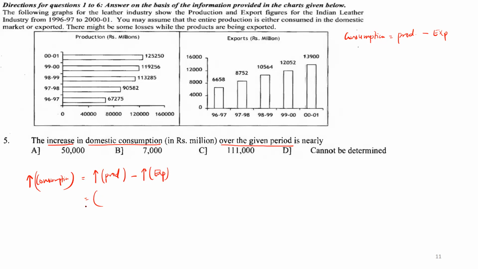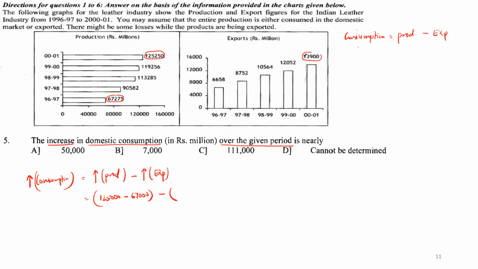Okay, final minus initial, increase ऐसे ही निकालते हैं, final minus initial, right? So this is 1,25,000, this is 67,000. So 1,25,000 minus 67,000, ये तो आपका production हो गया.